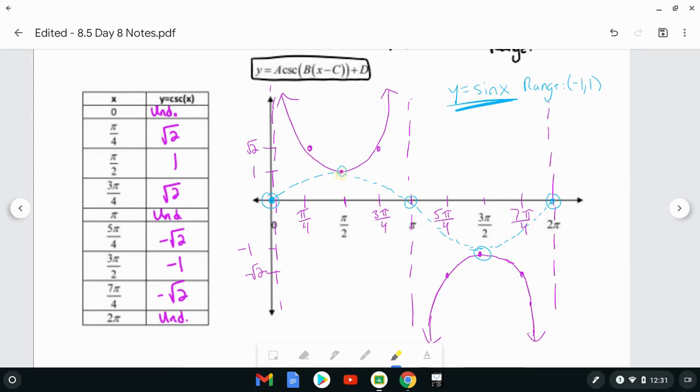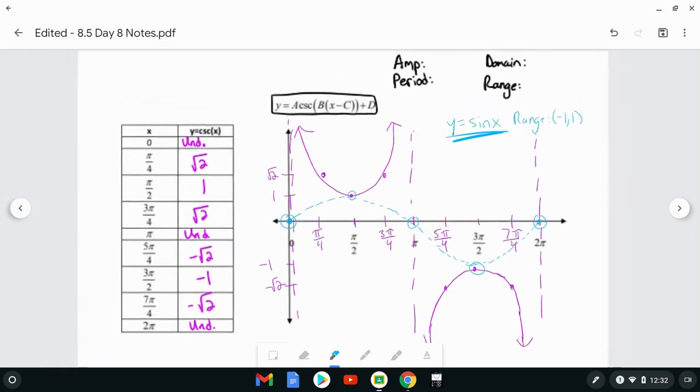So when we graph these, and we're going to show you in a minute when we get to the examples, we're actually going to graph the sine function first, and then knowing those major points at the maximum and minimum, and then the x-intercepts, we're just going to graph the cosecant function off of that. Okay?